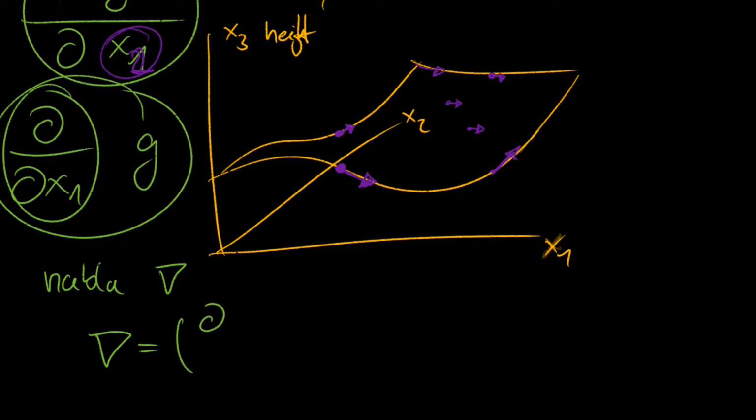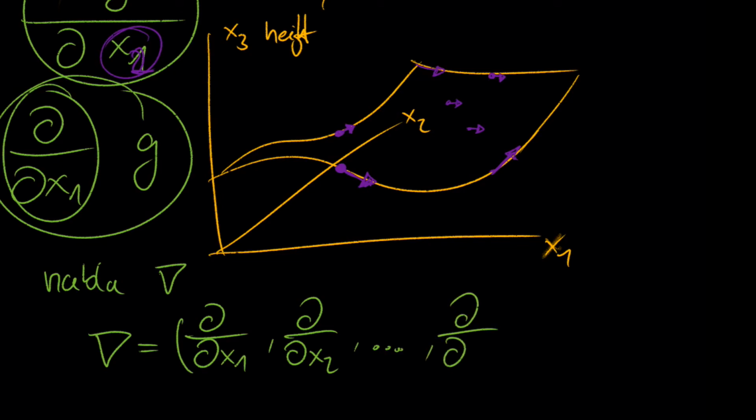We write generally partial d divided by partial d x1, then partial d divided by partial d x2, and so on, until partial d divided by partial d xn. Normally this is a column vector, but let's ignore it for now.